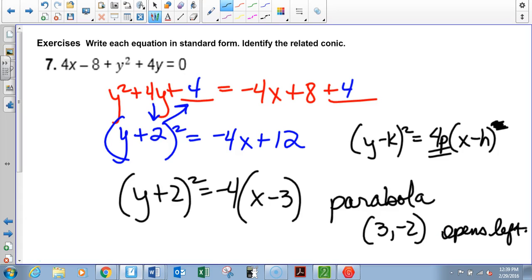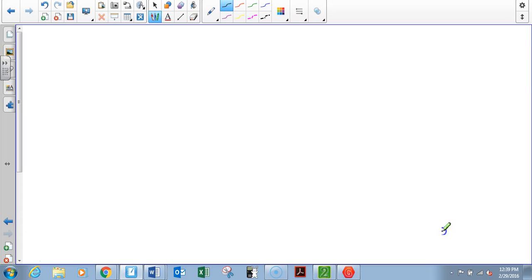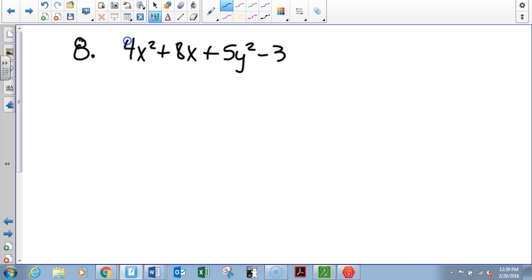Is there one more? Yeah. I don't have this one for some reason, and I remember this and I forgot to fix it. Anybody want to read it to me? 4x squared plus 8x plus 5y squared plus 30y minus 11. Okay. Somebody want to come and put it on the board? Always eager, Miguel.